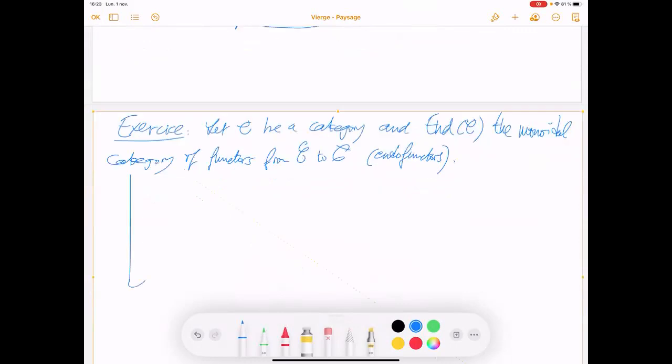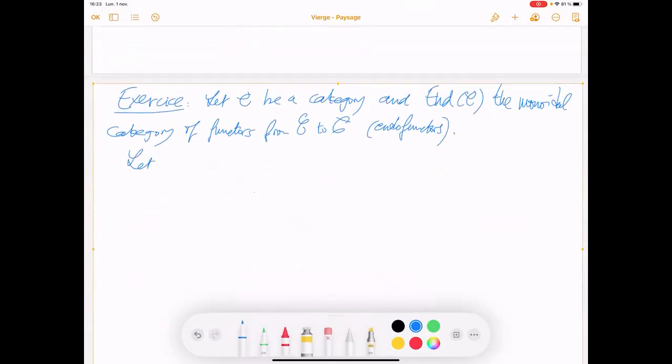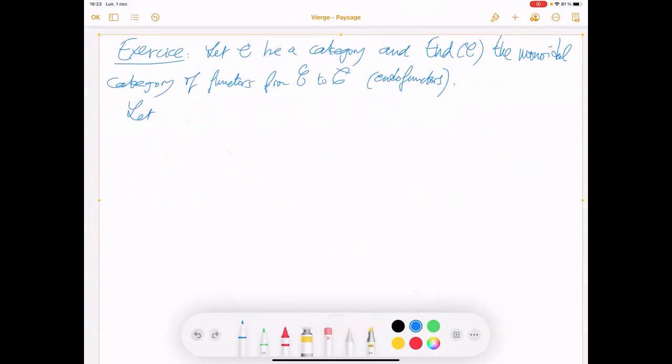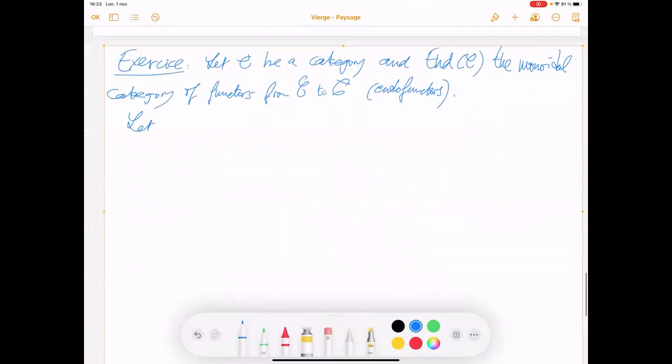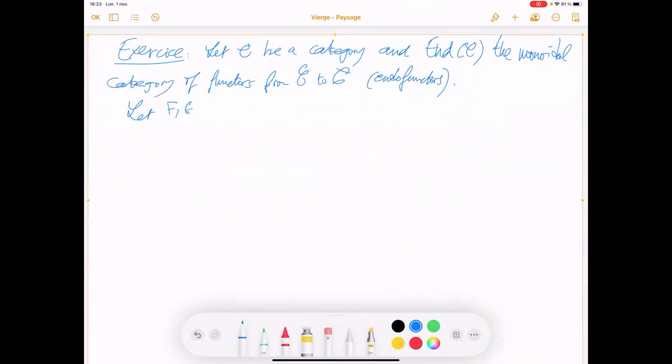Let F and G be two endofunctors, that is, two objects of this monoidal category.